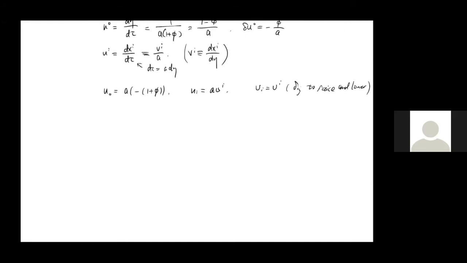So it is convenient in this case to write down the peculiar velocity into a transverse and a longitudinal part. And this Vi is some derivative and some transverse part.